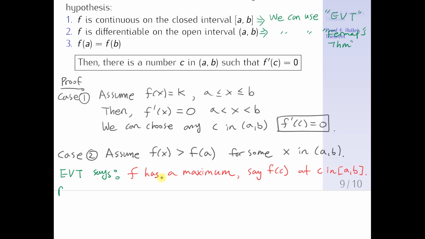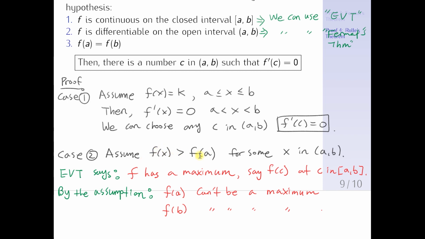So we can say by the assumption, f of a can't be a maximum. Similarly, f of b can't be a maximum. The reason is we are assuming some y value is higher than f of a.